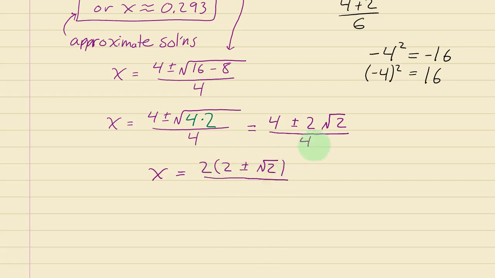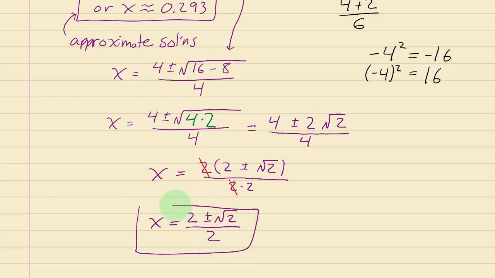And then divide that by the 4, which is 2 times 2. And then that will make that factor of 2 cancel out. And so to write the completely simplified exact solution would be this: 2 plus or minus the square root of 2, over 2. And there's nothing else you can do to simplify that. So we'll just leave that there.